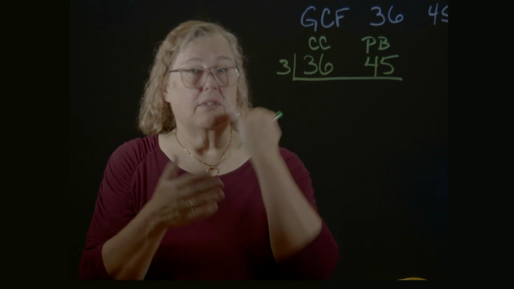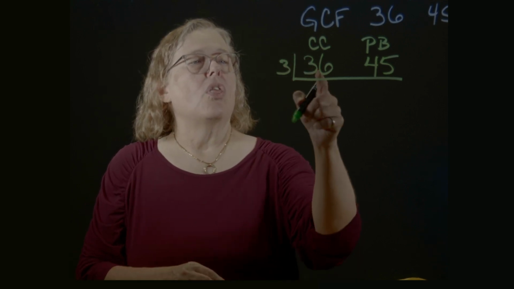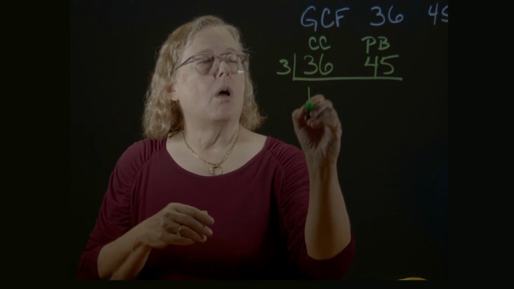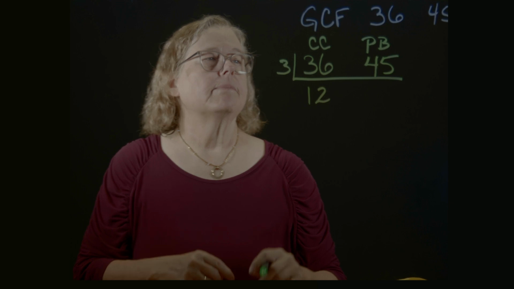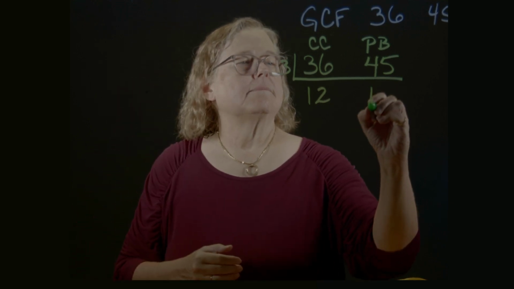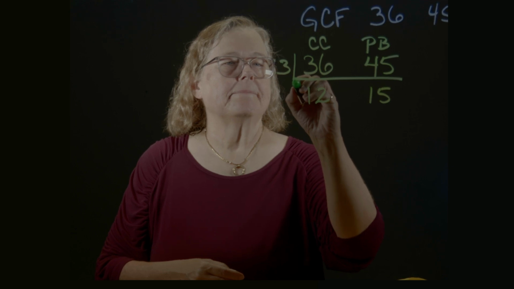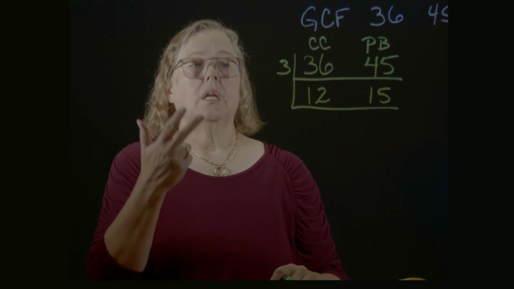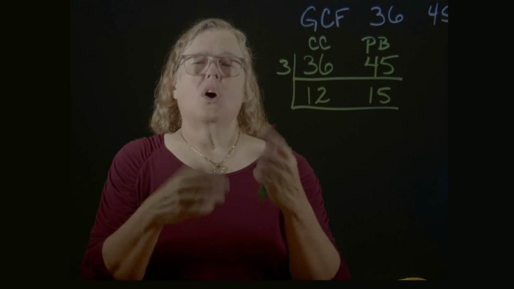I can use a calculator if I need to, right? So 36 divided by 3 is what? 12, good. 45 divided by 3 is what? 15. Does 2? No. Does 3? Yep, I can do 3 again.